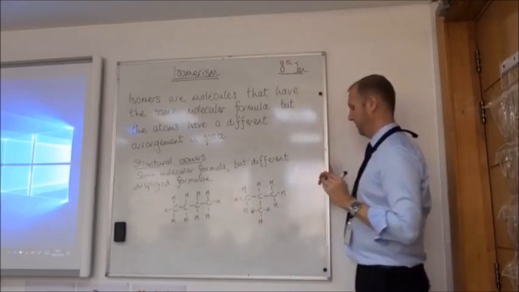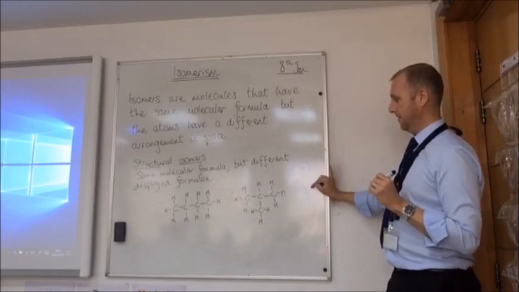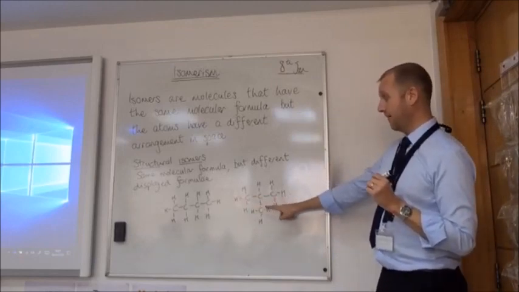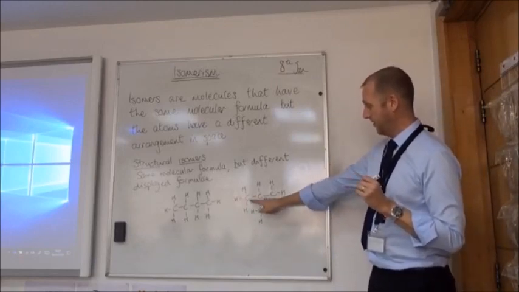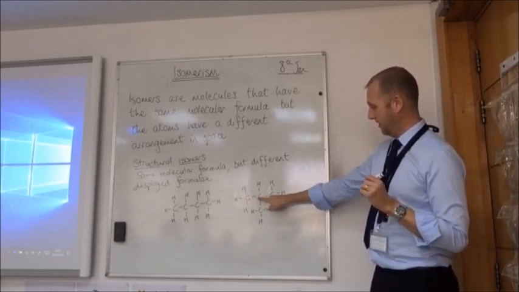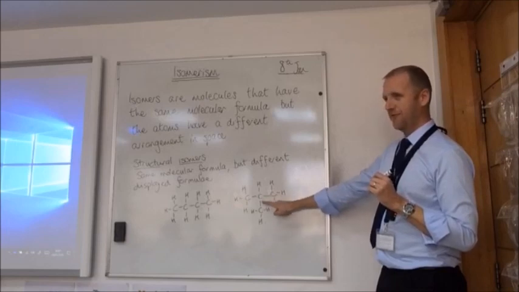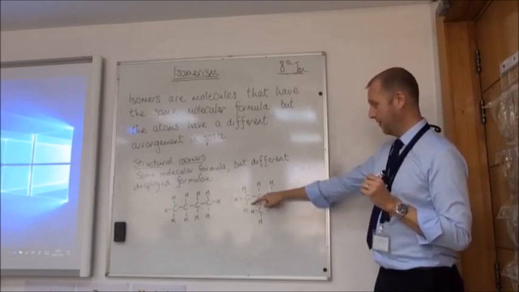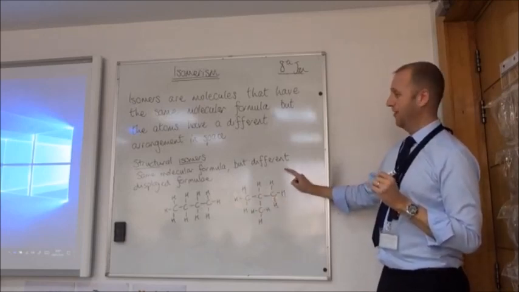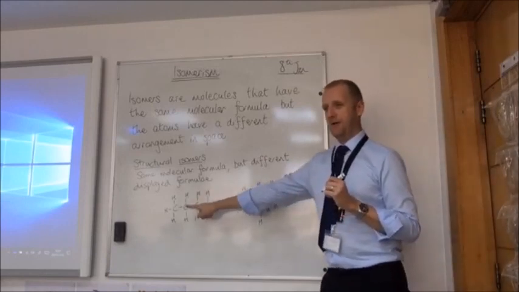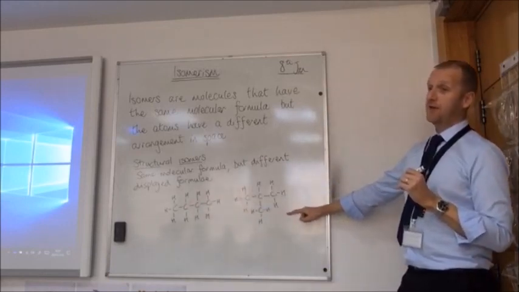Here we go. So now I've got exactly the same. I've got C4H10, but the longest chain I've got is of 3 carbons, and then a little branch off the side. It's still got 4 carbons and 10 hydrogens, but it's got a different displayed formula. It would have a different name as well.